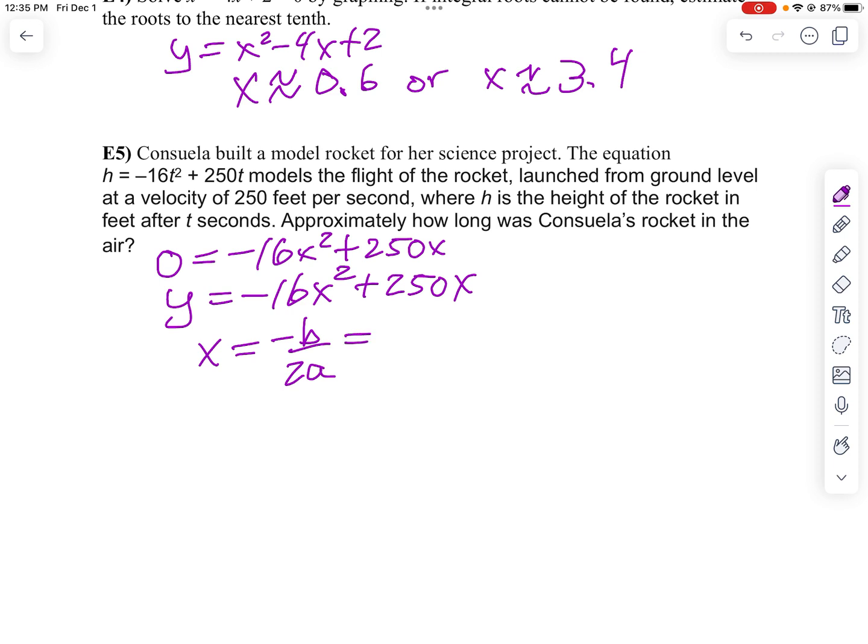So I'll go negative 250 all over 2 times negative 16, because that's our a. So I get negative 250 all over negative 32.